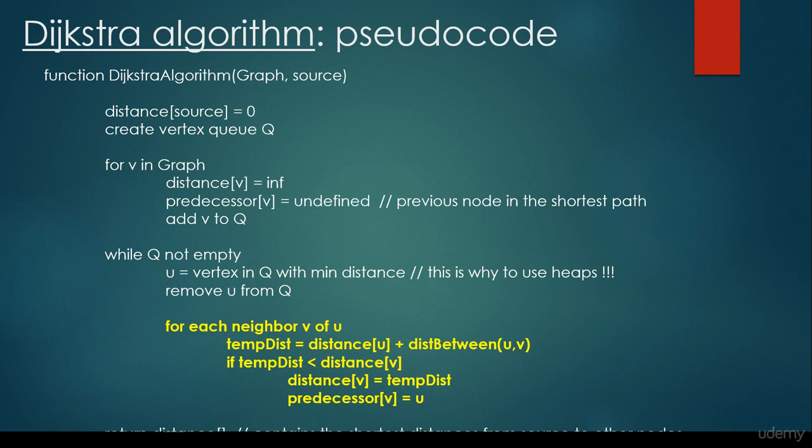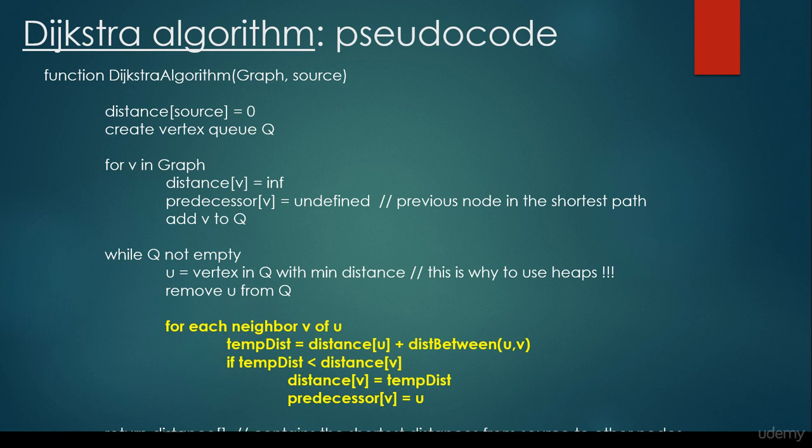Then, for each neighbor of u, the temporary distance is equal to the distance to u plus the distance between u and v. And if the temp distance is smaller than the distance of v, then we reset the distance of v to be equal to the temp distance, and the predecessor is updated. So basically with this for loop, we check whether there is any shorter path to the given vertex.